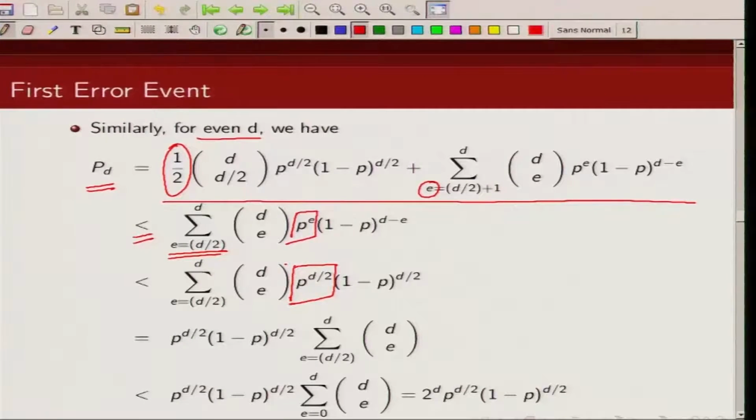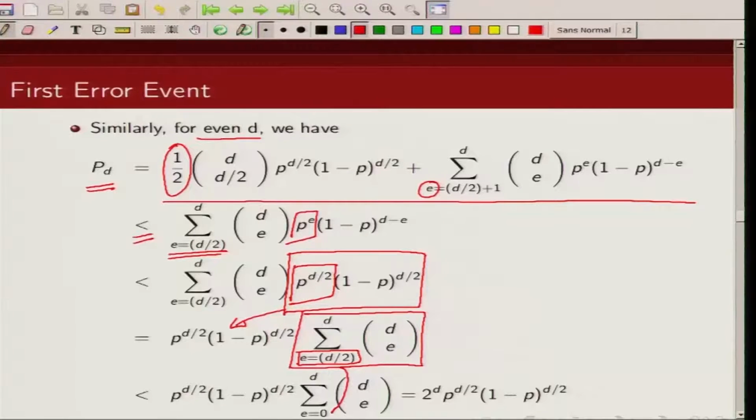Third thing which I do is, again like in the odd case, this term does not depend on e. So, I can bring it out. So, I brought it out, and what I am left with is this, and then I add terms from E0 up to d by 2. So, I replace this by this.